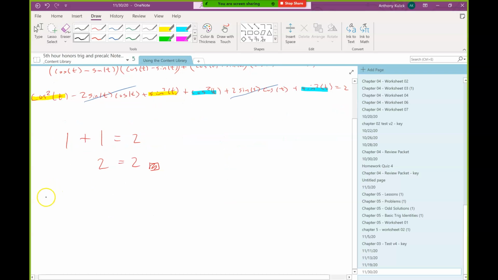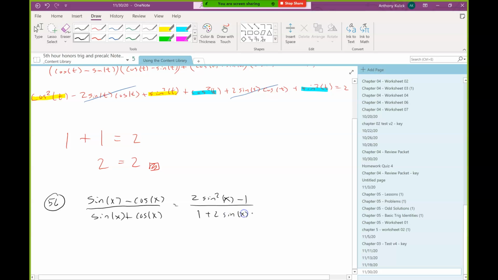All right, so 56 is next. Let's see. This is pretty good timing on this question, Josh, because I'm going to use an observation that I made in Kristen's question as insight for what I'm going to plan to do on this problem.